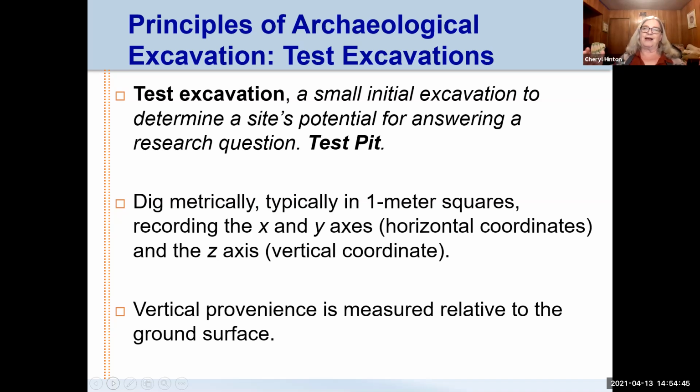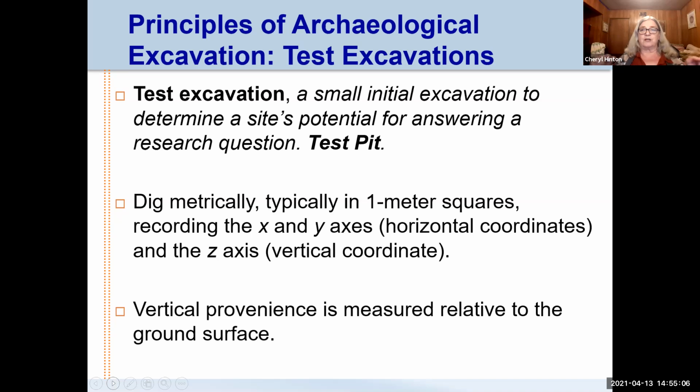So when we are doing any excavation, typically this test pit could have been 1 meter square. Now, when we're doing a shovel test pit, it's a lot smaller than that. But any excavation unit is typically 1 meter square. And you're recording the X and the Y axes.